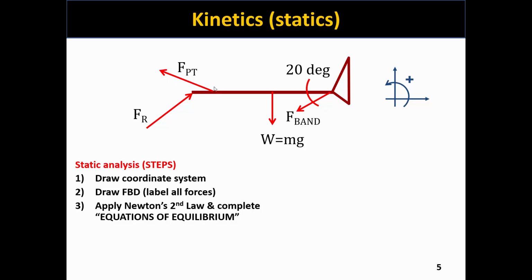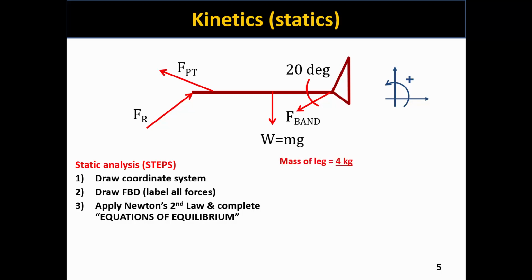So once we work through our equations of equilibrium, we'll then have the ability to determine the correct magnitude and direction of the reaction force. We know it's there, but we don't know its direction. So what I've done at this point is I've made a guess that the reaction force is going to be in this particular direction. And then as we work through our analysis, we'll make the necessary corrections if indicated.